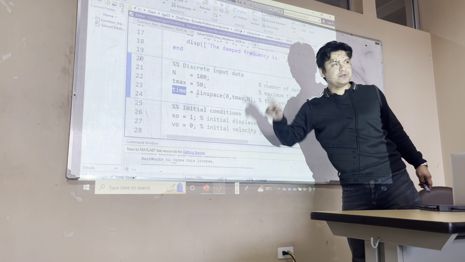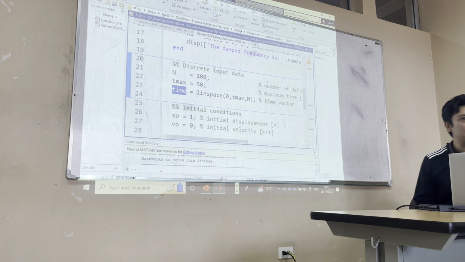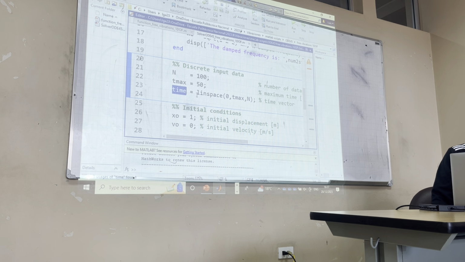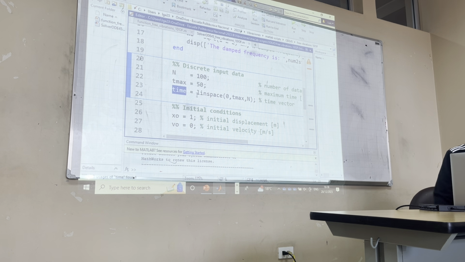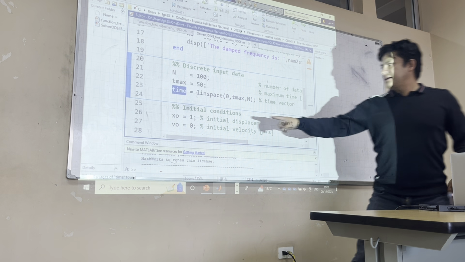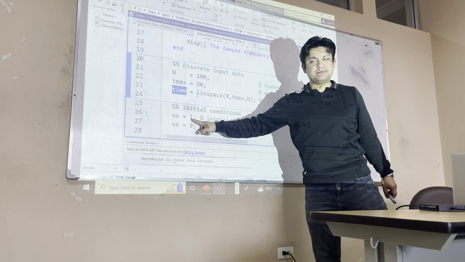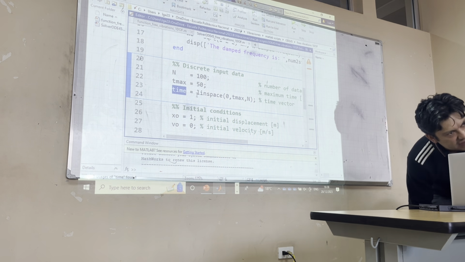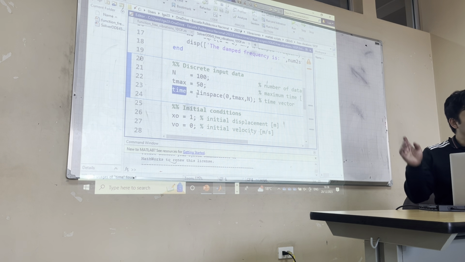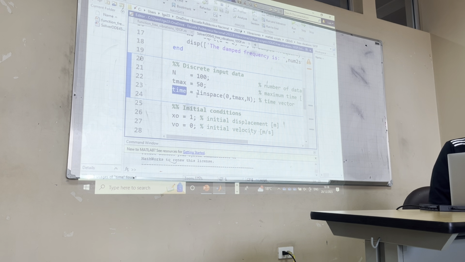The maximum, I just put 50, just for an example. And then I define the initial conditions. For instance, x0, the initial displacement, equals 1, v0, the initial velocity, equals 0. You can play with it, you can do whatever you want.